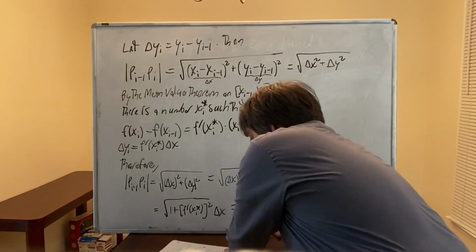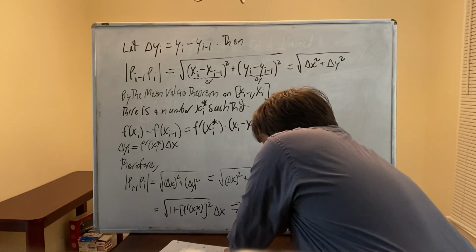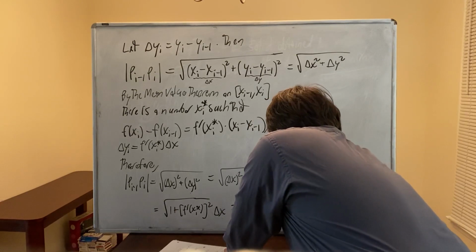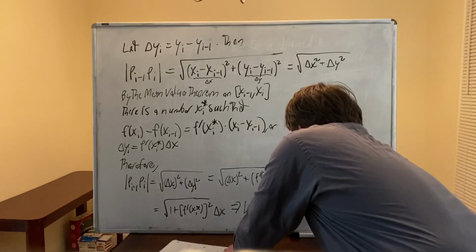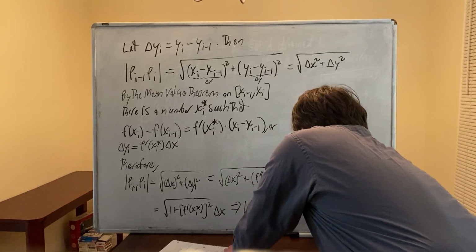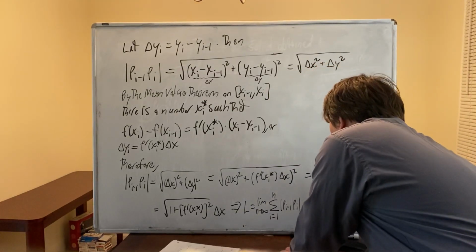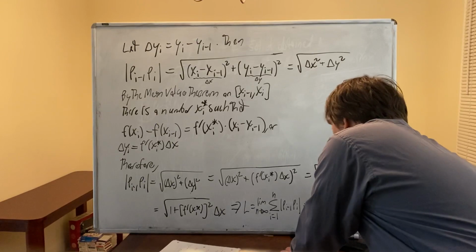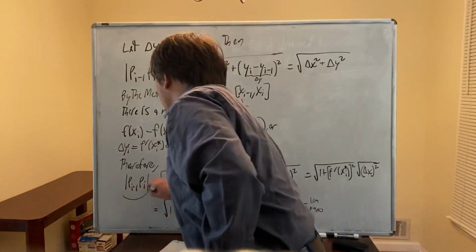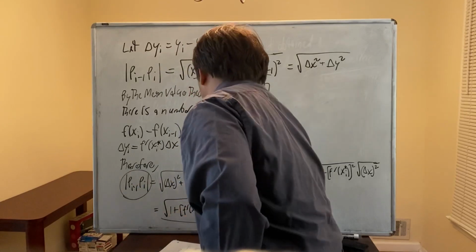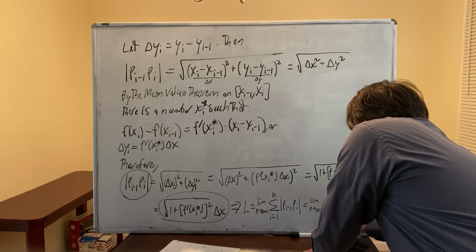Okay, so what that implies is that capital L, the actual length, is equal to the limit as n approaches infinity of the sum from i equals 1 to n of the length of p sub i minus 1, p sub i. And that's equal to the limit as n approaches infinity of, well, what we showed is that the length of p sub i minus 1, p sub i is equal to that. And so I'm just going to substitute that part of the expression.